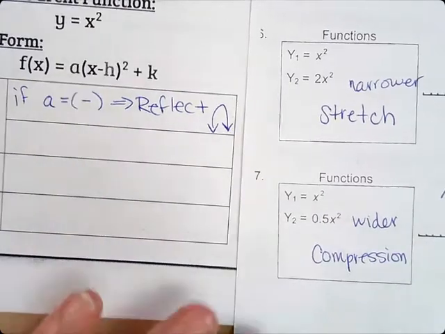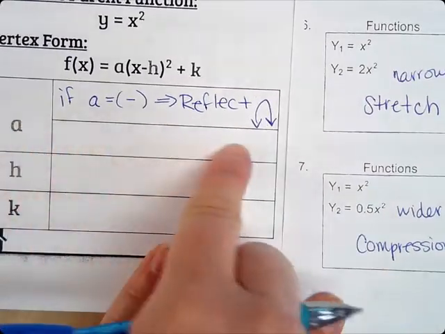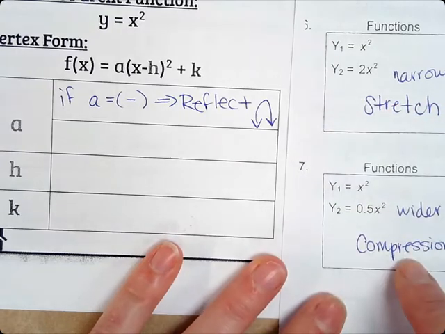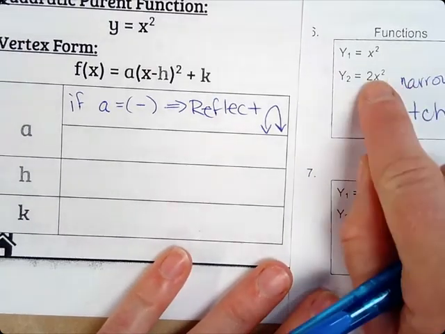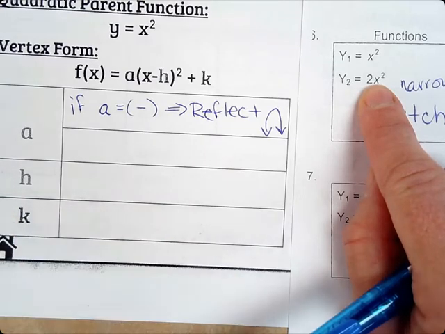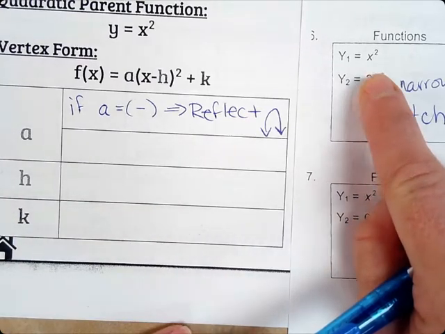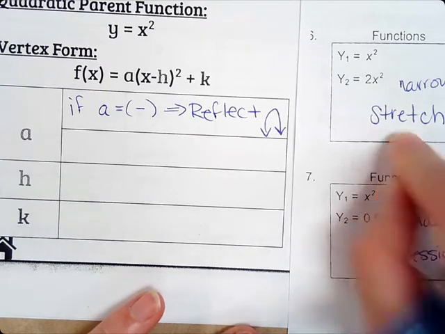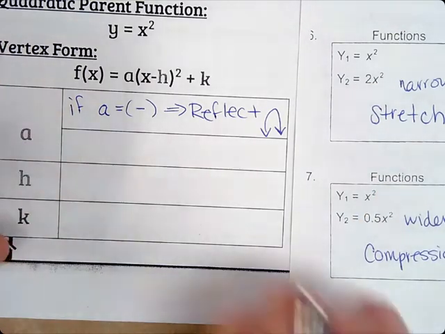Okay, and then the other one that we need to put in here is whether it becomes narrower by stretching or wider by compressing. So if the A value, you don't even look at the positive or negative. You just look at the A value. If the A value is greater than 1, it's a stretch. It increases. It's really skinny.